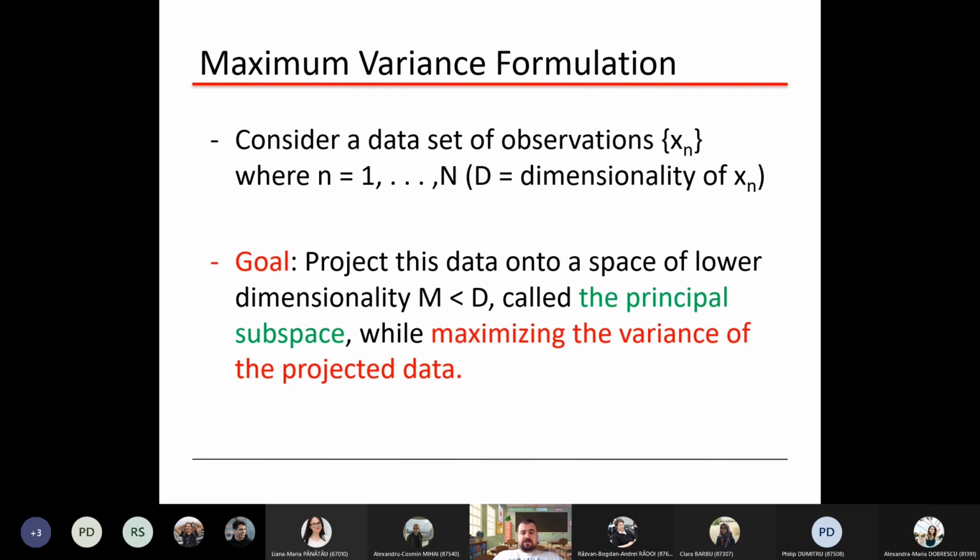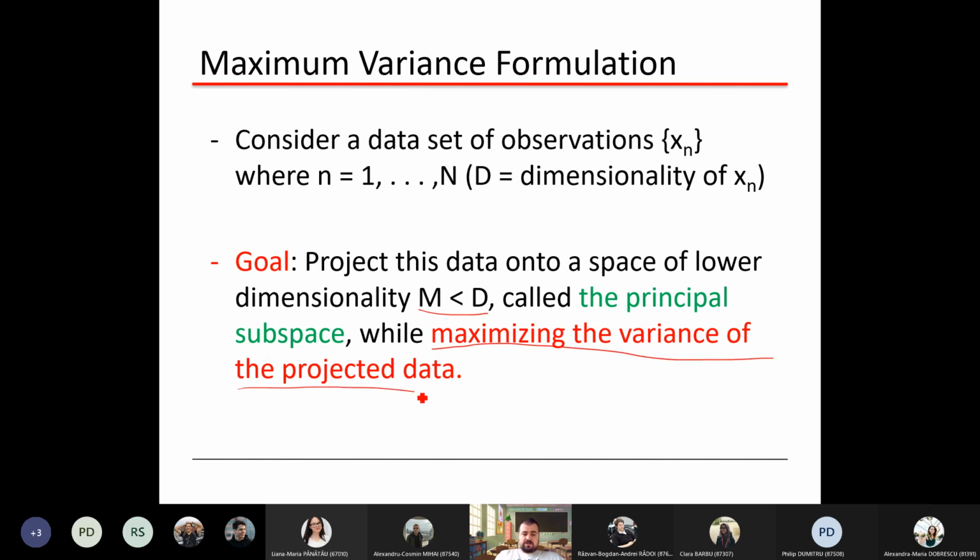We consider a data set of observations xn, where n is from 1 to N, and the dimensionality of xn is D. The purpose is to project this data onto a space with a lower dimensionality, M, smaller than D, called the principal subspace, so as to maximize the variance of the projected data.